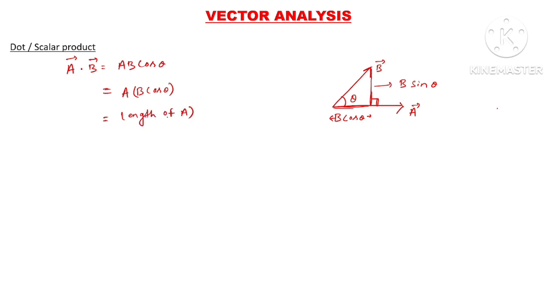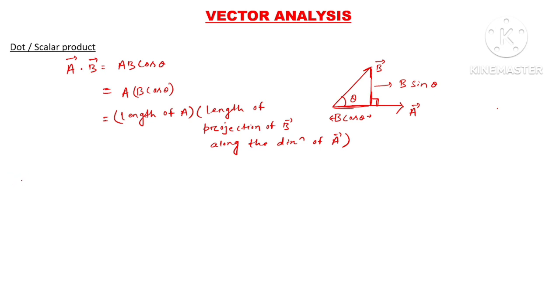We can write it down as length of A multiplied by length of projection of B along direction of A, right? So there are a few properties of this dot product, like they are commutative.